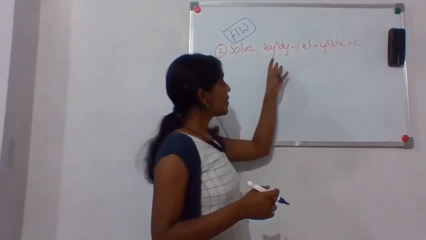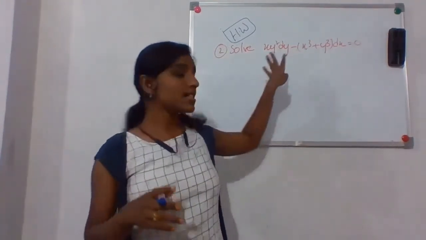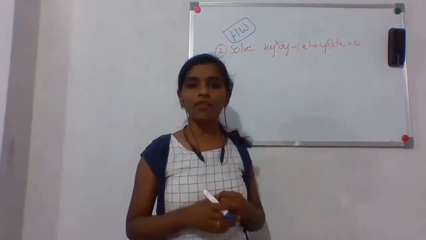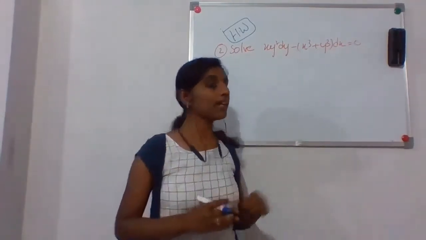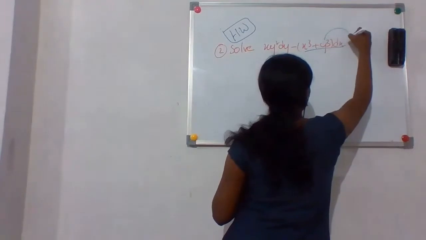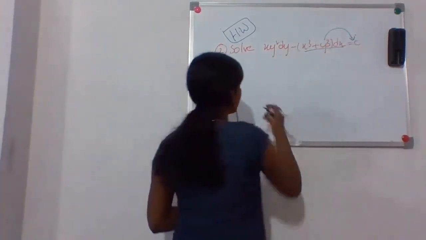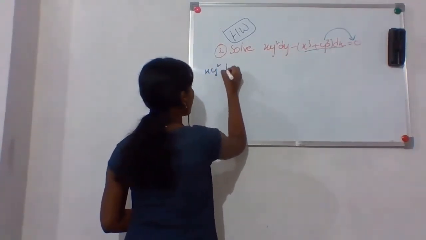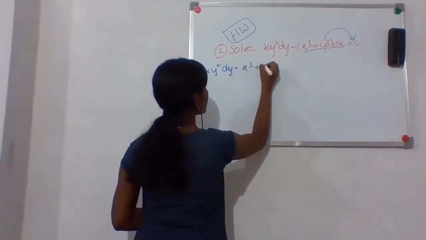Okay, so the first thing we have to do is, this is not in the form of dy by dx equals to f of x comma y by g of x comma y, right? So let us bring this equation to that format. How do you do it? First, let me transfer this to the RHS. So that will become xy square dy is equals to (x cube plus y cube) into dx.